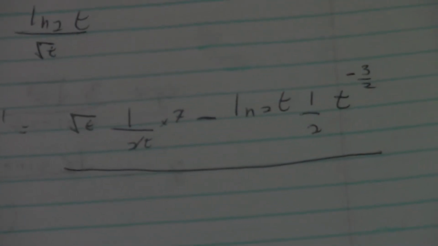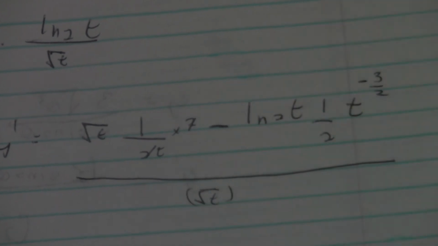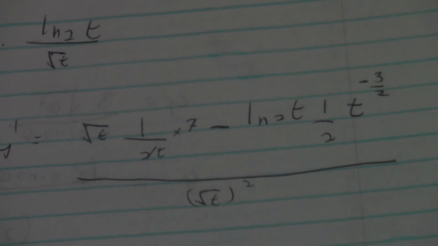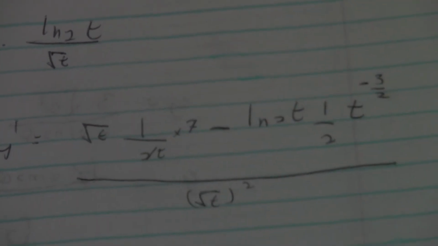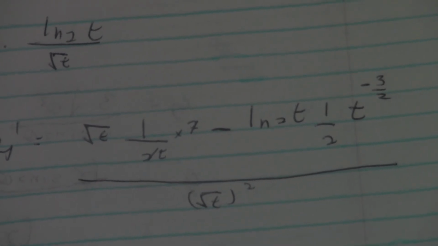When you differentiate t to the half, you get half t to the half minus 1, which is negative 3 over 2, all over root t square. Let me write it back, the same root t, but this time dig up yourself, right? This one's very likely to come tomorrow. It's so nice, right?